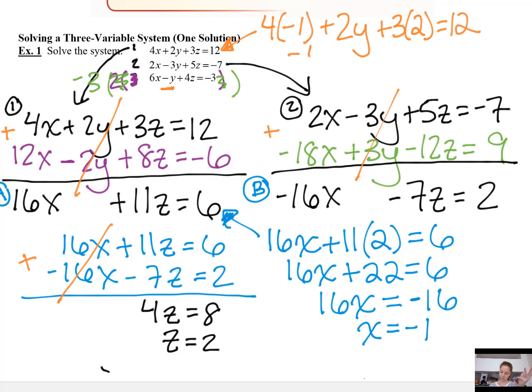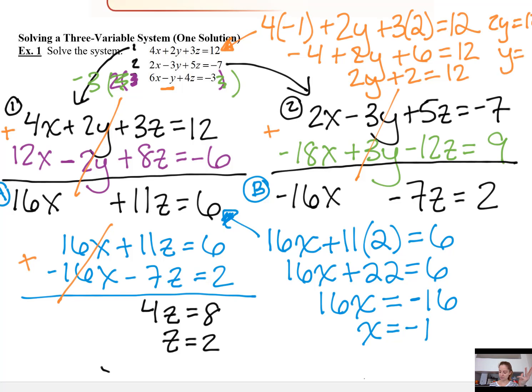This is really negative 4 plus 2y plus 6 equals 12. This is really 2y plus 2 equals 12, which is really 2y equals 10, y equals 5.